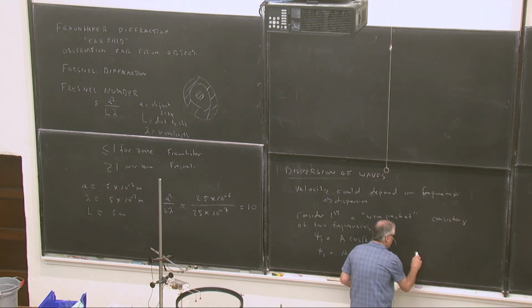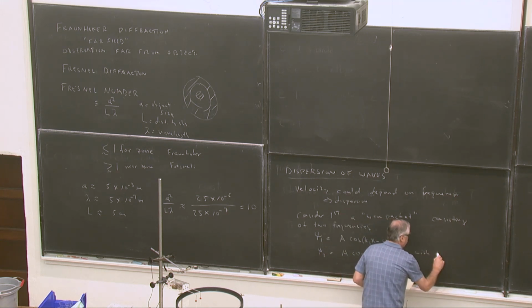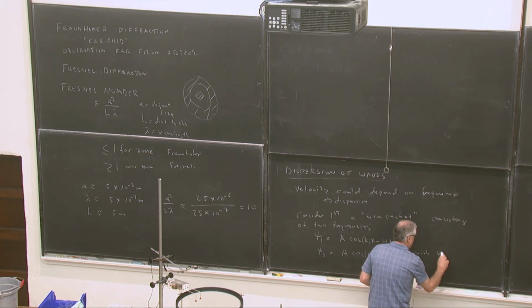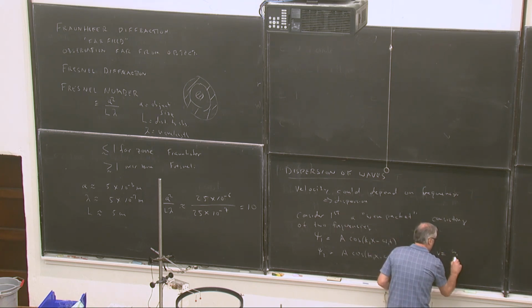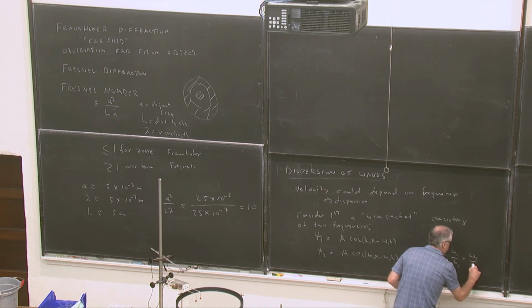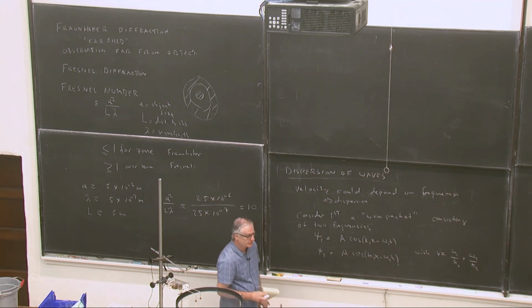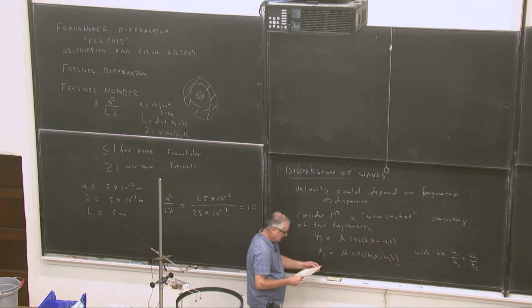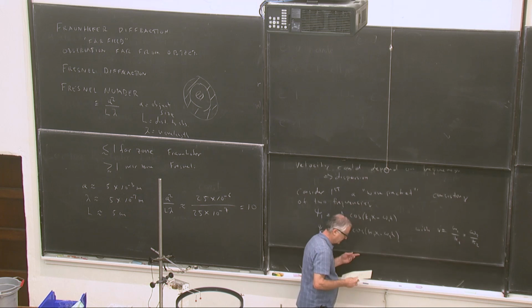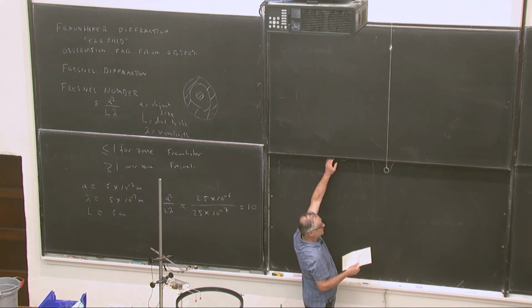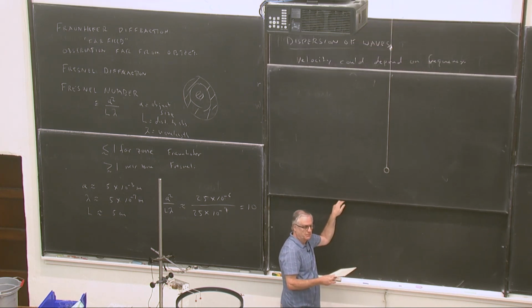And I'm going to assume now that they have a common velocity, v equals omega 1 over k1 equals omega 2 over k2. So there's no dispersion going to happen with this, okay? Just starting simple to see what happens. And I've given them both the same amplitude for simplicity as well.